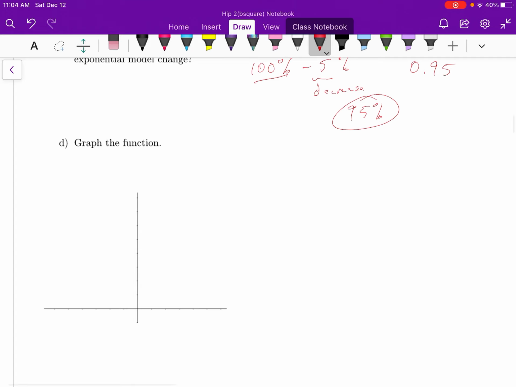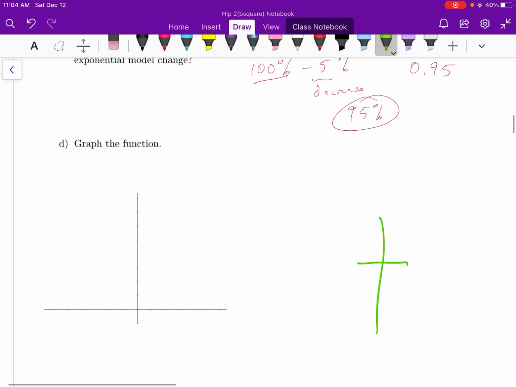Now, graph the function. Well, this is going to be an interesting one, right? So if I have P and I have t, 0, 1, 2. Now, I don't have a calculator with me. I should have thought ahead of time. But thankfully, my population would be 1 at time equal to 0. At time equal to 1, my population would be 0.95.